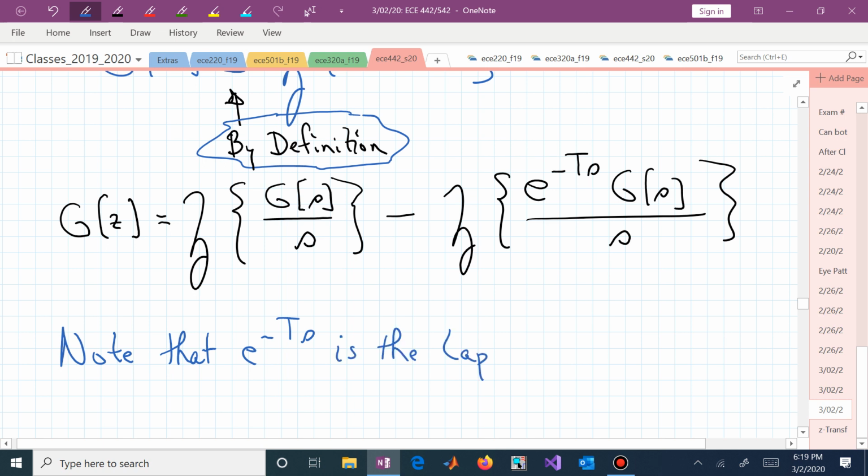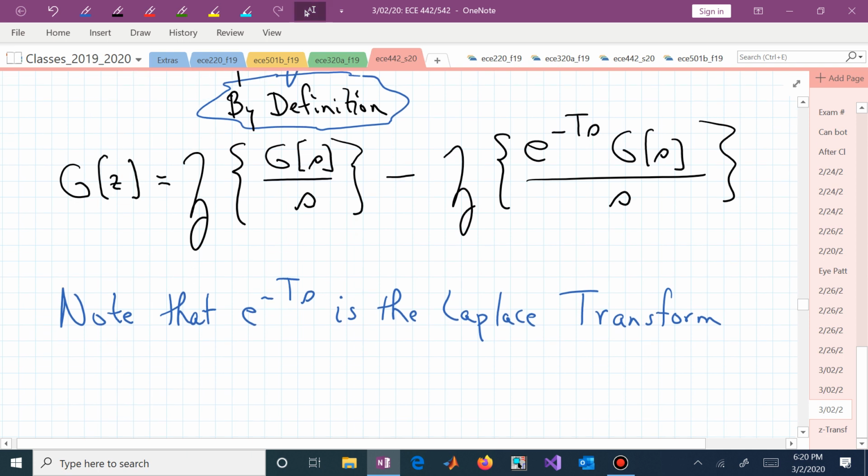What is that the Laplace transform of? Note that e to the minus TS is the Laplace transform of what? Or what does that represent? If you saw that somewhere in a Laplace transform derivation, what would you associate that with?